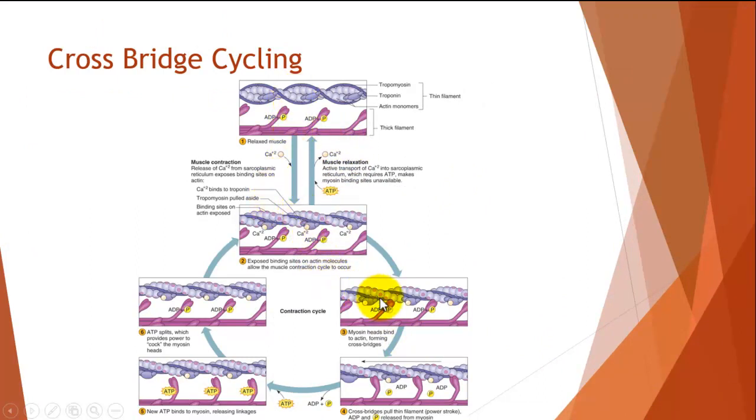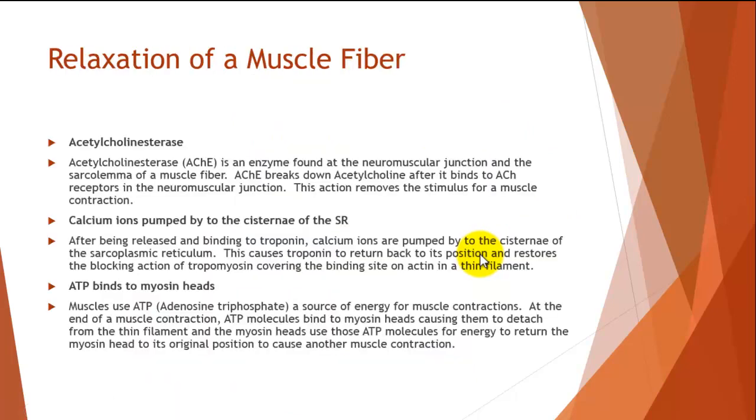Here it's attaching, pulling, detaching, recocking, attaching, pulling, as long as the stimulus is there. When it goes to relax, here's acetylcholinesterase. It's an enzyme found in the neuromuscular junction, which I showed you earlier. It breaks down acetylcholine, so it removes the stimulus. That's one way. Calcium is also pumped back to the cisternae of the sarcoplasmic reticulum, which I just showed you.